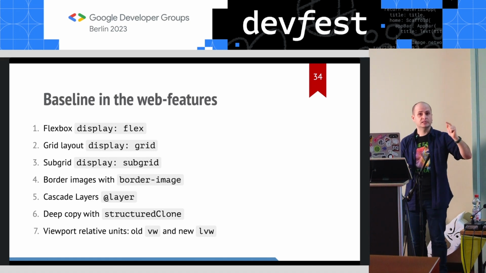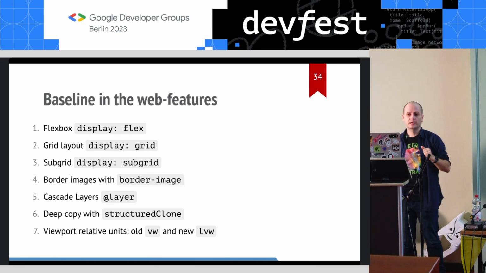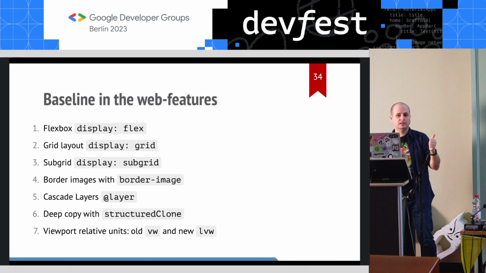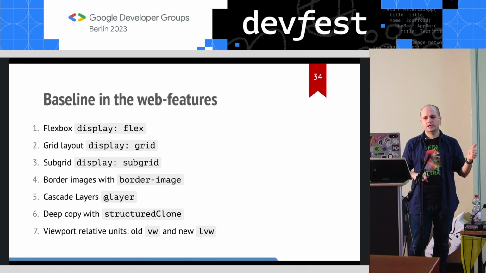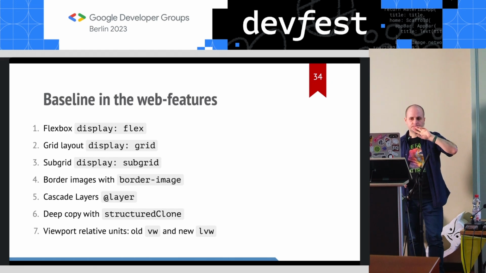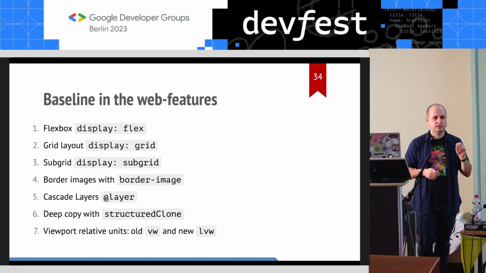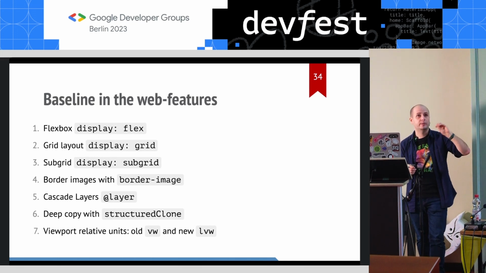So subgrid is, according to baseline, already supported in the current version and previous version of the browsers. Border image, @layer, cascading layers, structuredClone in JS, and viewport units. I'm going to pause on viewport units for a moment because it's very important to understand how baseline works.